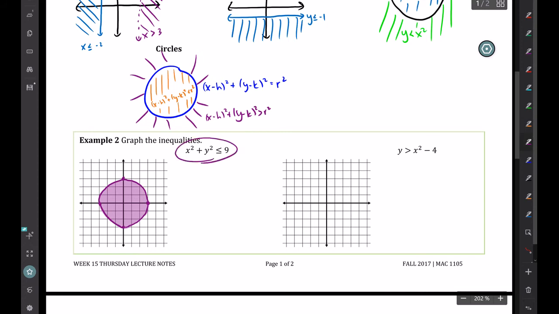Now here we have y is greater than x squared minus 4. So we want to draw a parabola with vertex (0, -4), and we want to draw it as kind of a dotted line parabola. It's going to go through those points.